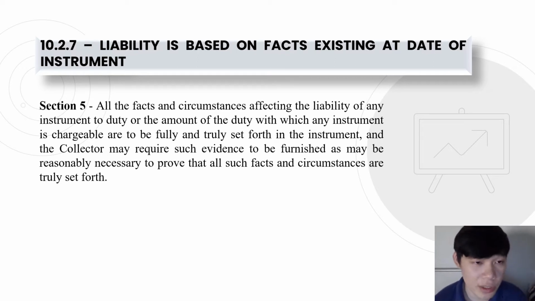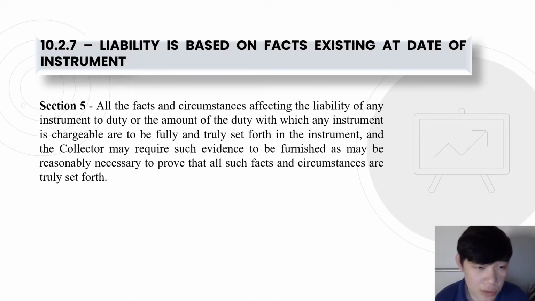Next, we will be talking about the liability based on the facts existing at the date of the instrument. Section 5 states that all the facts and circumstances affecting the liability of any instrument to duty or the amount of the duty with which any instrument is chargeable are to be fully and truly set forth in the instrument, and the collector may require such evidence to be furnished as may be reasonably necessary to prove that all such facts and circumstances are truly set forth.